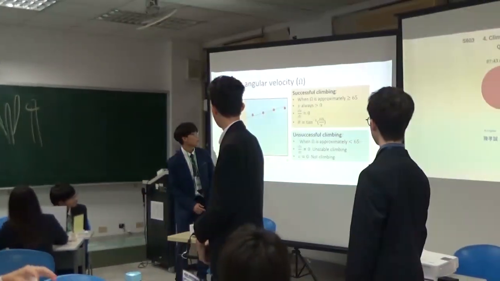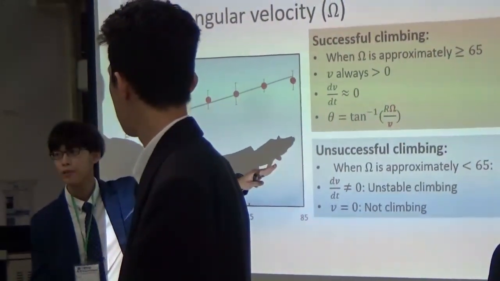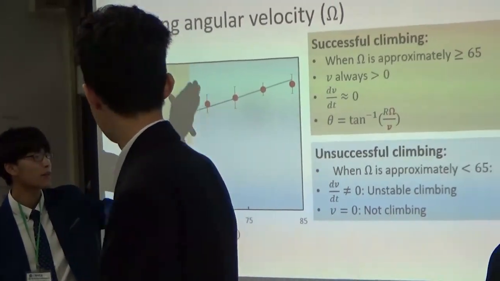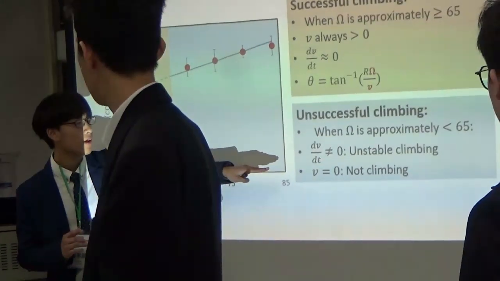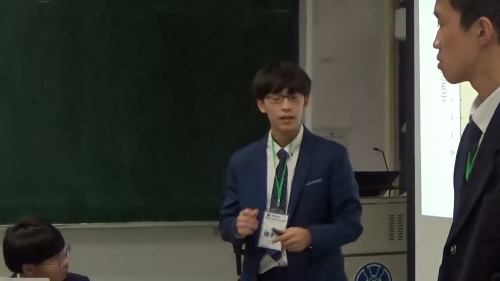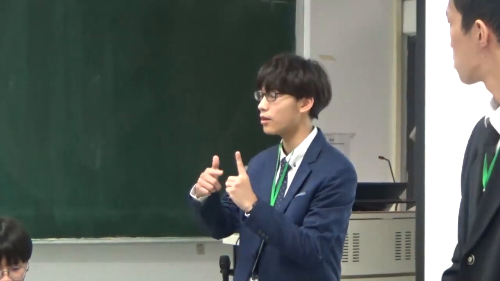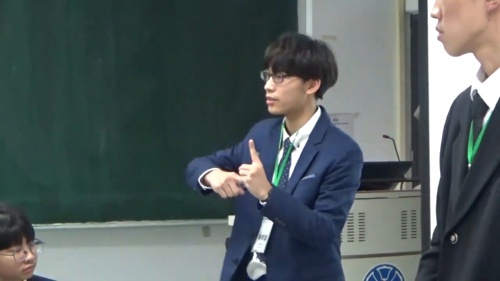Unsuccessful climbing can be defined as when the capital omega is lower than 46 by radius. Then there could be a possibility that the velocity is zero, which is not climbing at all. In this case, the magnet is spinning around the rod without any perpendicular motion.